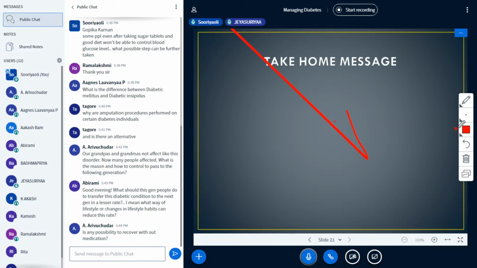Yeah, Miss Hari Chuda, as I was talking about why grandpas and grandmas were not diabetic earlier. Diabetes, the so-called disease, was first called the disease of the richest. To put it in more simple terms, only the rich people were diabetic.